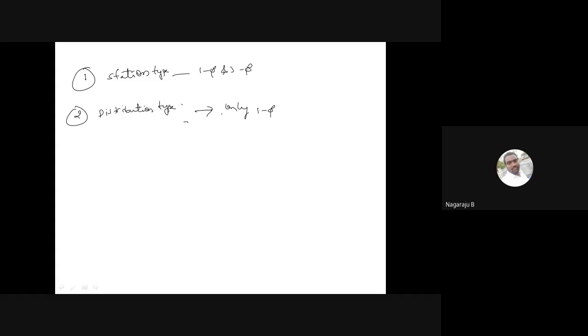Most of the regulators are designed to correct the line voltages from 10% boost to 10% buck in 32 steps. So 32 steps are there like this.